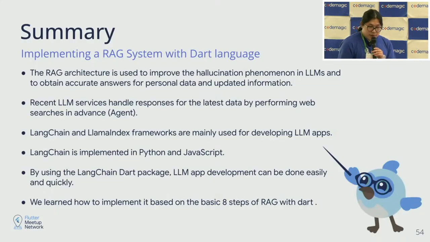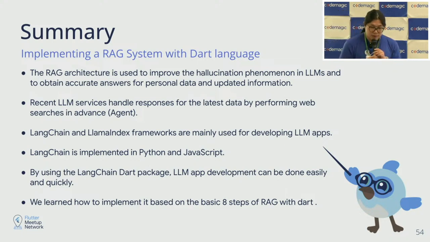I'd like to recap the main points of my presentation. We looked into the basic RAG architecture divided into 8 steps to improve on hallucination issues. Generally, LangChain and LlamaIndex are used to develop LLM apps. LangChain can be used in Python and JavaScript, but is not officially provided for the Dart language.